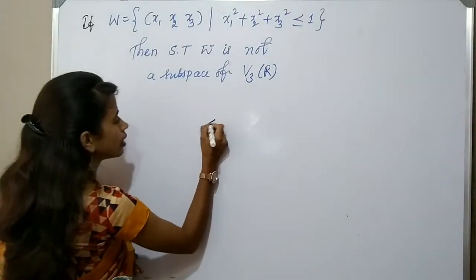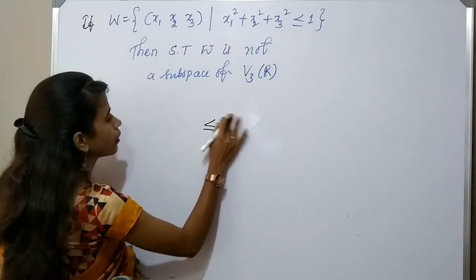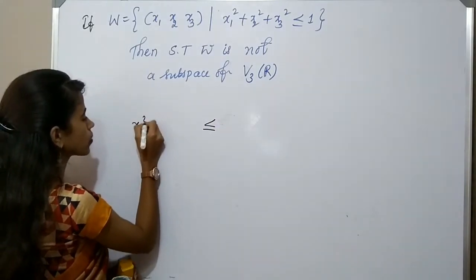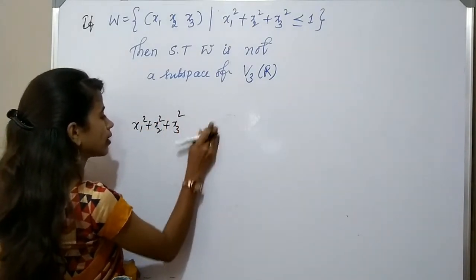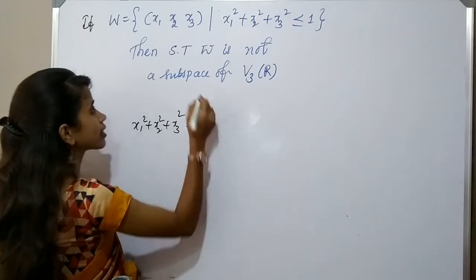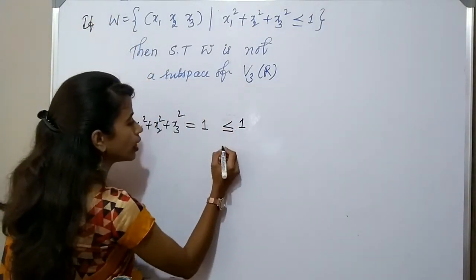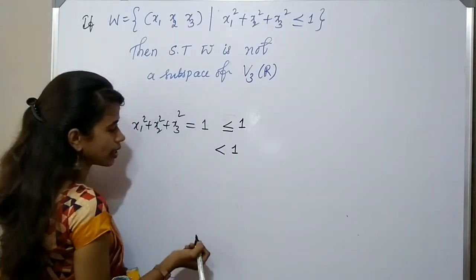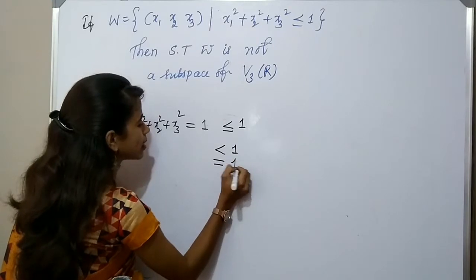If I get the sum x1 squared plus x2 squared plus x3 squared equal to 1, then it clearly belongs to W. Why? In less than or equal to 1, we have two cases: one is less than 1 and one is equal to 1.